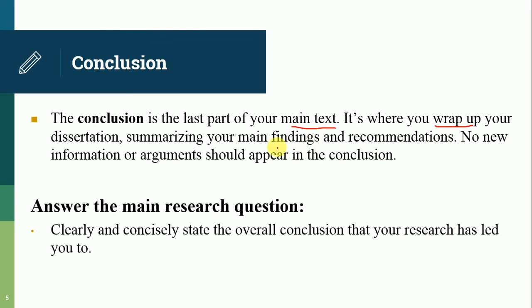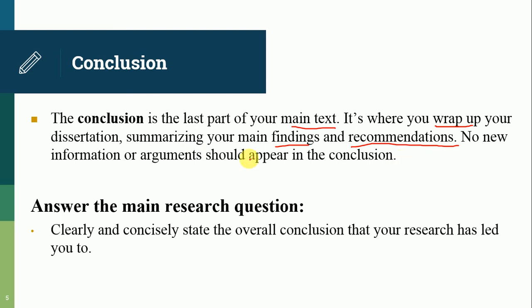Remember that in the conclusion, we just summarize the main findings and the recommendations that we gave during the research. So it's just a summary. New information should not be available there. It's a summary of your main findings and recommendations.